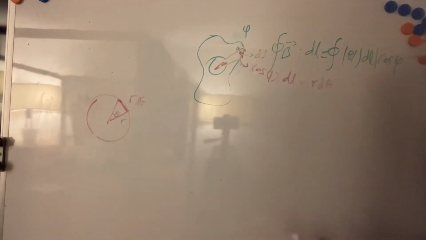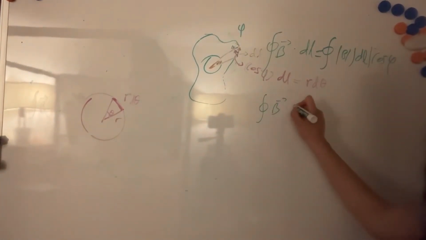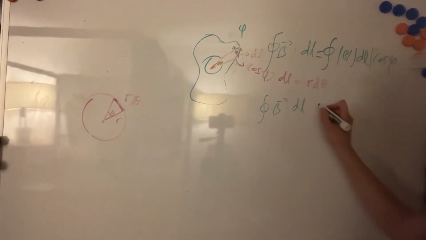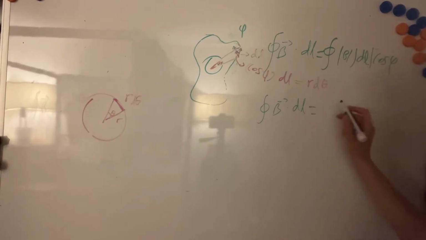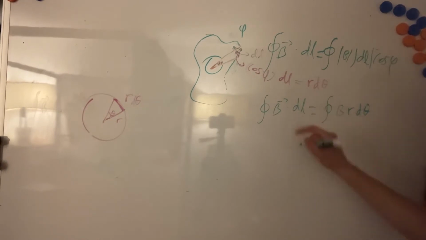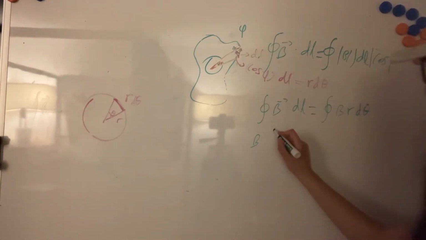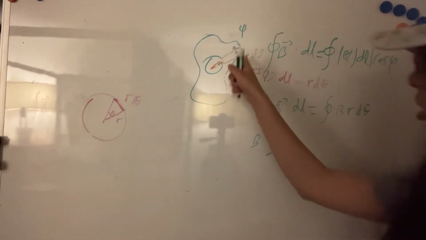So you will take now the closed loop integral of the magnetic field dot dl. This is equal to the closed loop integral of the magnetic field times r d theta. The B you can take out, B times the closed loop, which means all these loops.